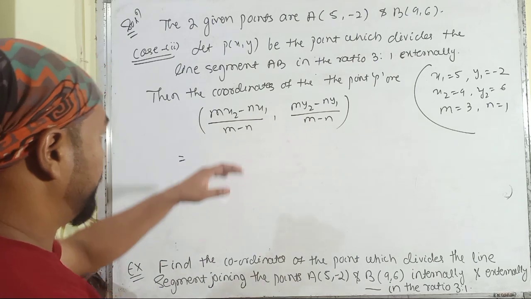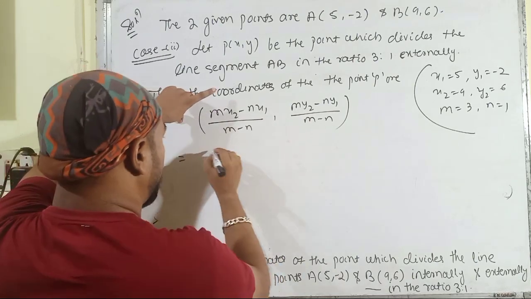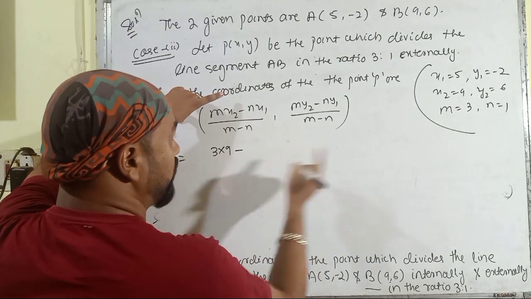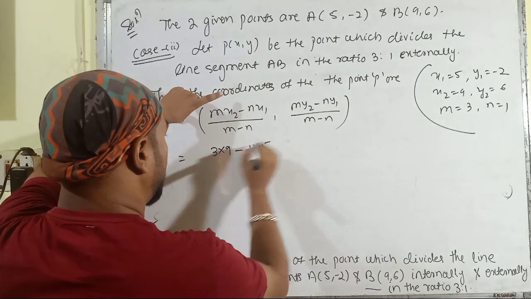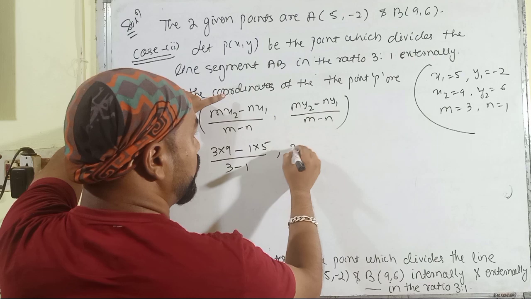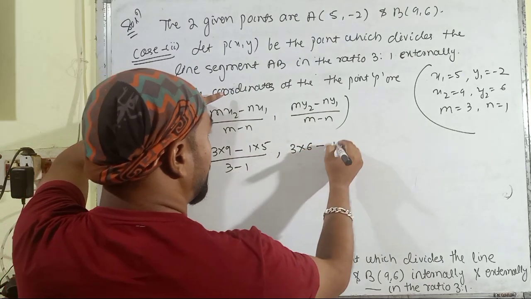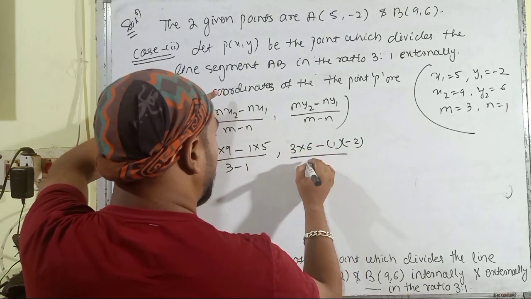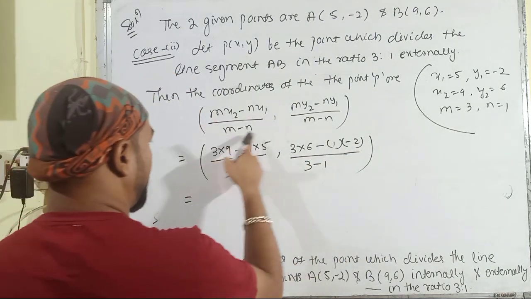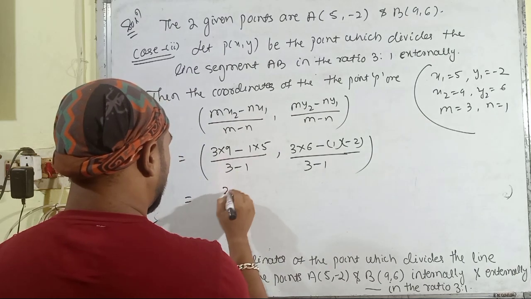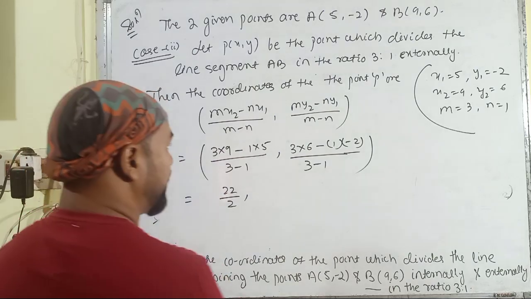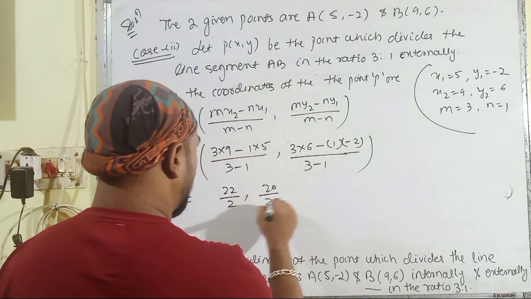So let us put these values again here. mx2 is 3 into 9, minus nx1, 1 into 5, divided by 3 minus 1. Then my2 is 3 into 6, minus 1 into -2, divided by 3 minus 1. It is 27 minus 5, which is 22 divided by 2, then 18 plus 2, which is 20 divided by 2.